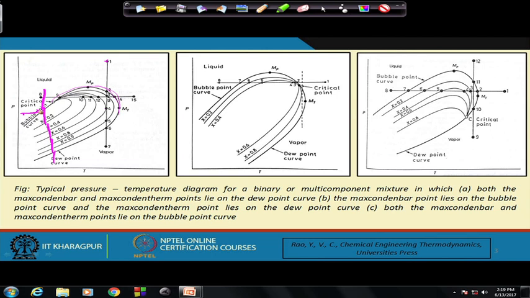In this case, we have a liquid phase. If we start heating the liquid phase, the first bubble forms, and if we continue this heating process, finally we end up in a vapor phase.